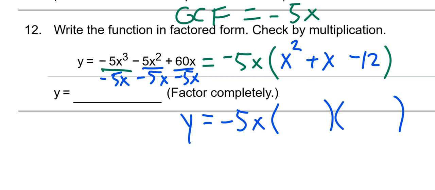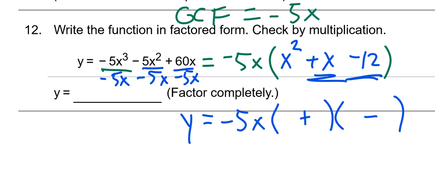The negative 5x first and then factoring the rest. So what multiplies together to give me negative 12? That must mean one's a plus and one's a minus, but adds up to positive 1.